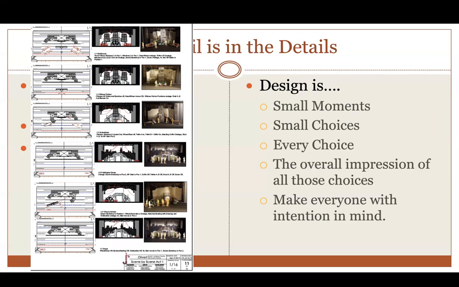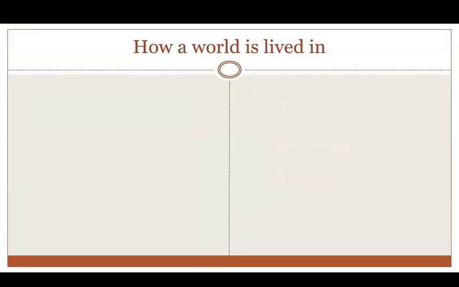So the overall impression of all of these choices together, it's what makes everyone think a certain thing. It's how something is created with intention. It's the vibe. It's just the kind of idea that something looks like. And those are made by tiny itty bitty little choices. It's how the world is lived in.